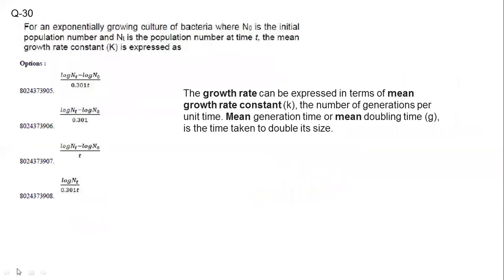Now the next question: for an exponential growth culture of bacteria, n0 is the initial population number, nt is the population number at time t, and the mean growth rate k is expressed as. We know the formula N equals N0 into 2 to the power n.